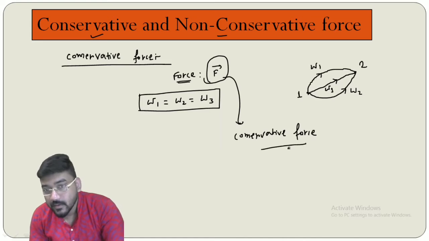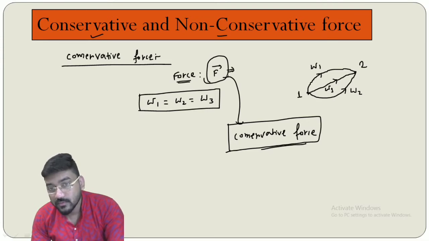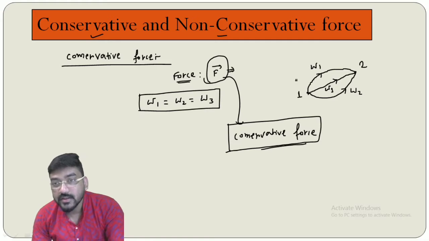So the definition of conservative force is this: a force is said to be conservative if the work done under this force is independent of path. If the work done does not depend on the path, that is, in each and every path the work done is equal, W1 is equal to W2 is equal to W3, then you can say that this force is conservative in nature.